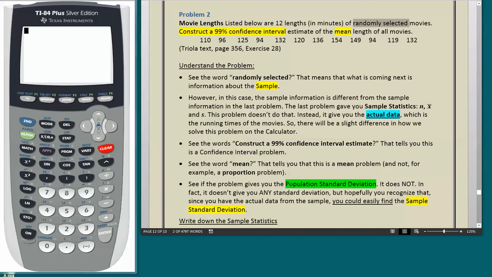See if the problem gives us the population standard deviation. It does not. In fact, it doesn't give us any standard deviation. But hopefully we recognize that since we have the actual data, which again is all those numbers right there, we could easily find the sample standard deviation.